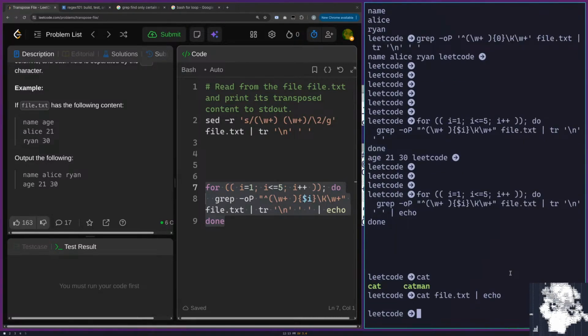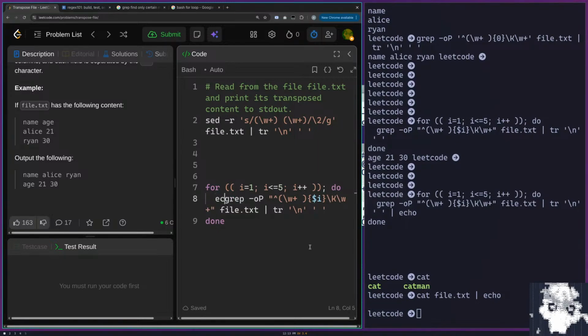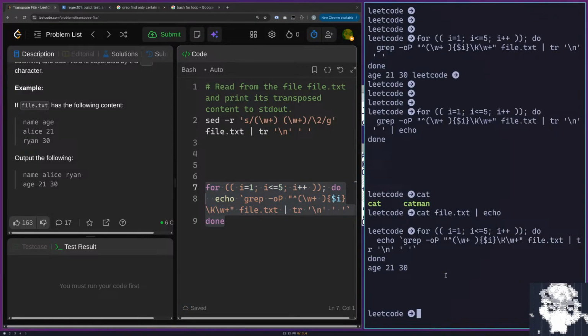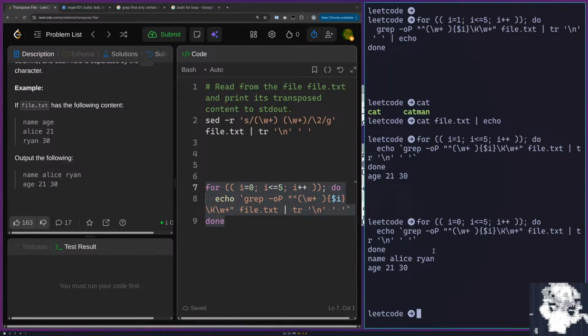No. How do I just get it to output? Oh wait, I can just echo the result of this. So I can put this in backticks to execute it. I should start at 0. That's something else. Okay.